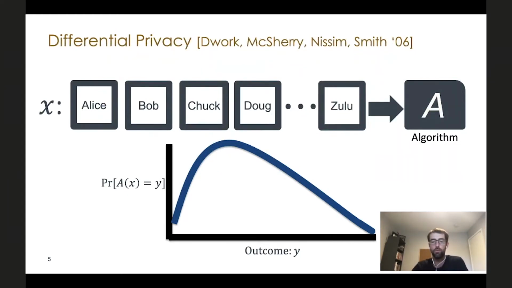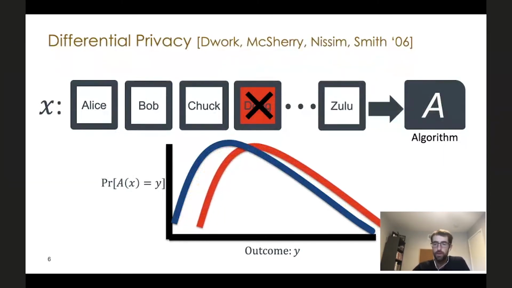But what we want to do is run the thought experiment where we ask what happens if we were to eliminate one person's data record from the data set and run the exact same algorithm on it. So the result is going to be a slightly shifted distribution, depending on whatever algorithm and randomness you're introducing.